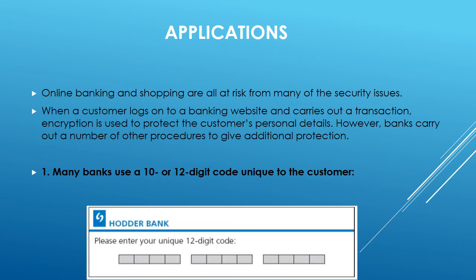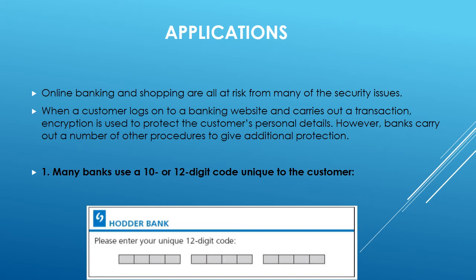When a customer logs on to a banking website and carries out a transaction, encryption is used to protect the customer's personal details. However, banks carry out a number of other procedures to give additional protection. Not all of the methods described would be used by one bank.